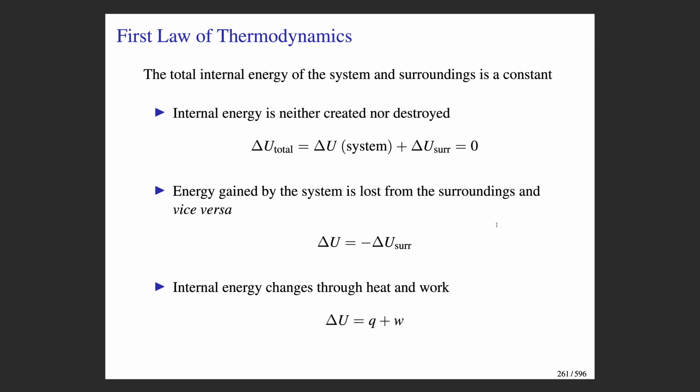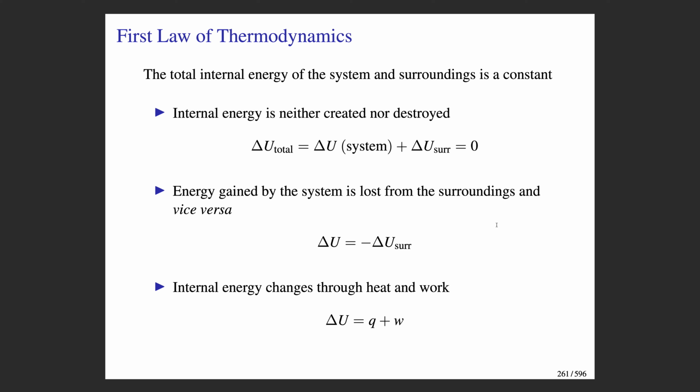First, we're going to talk about the first law of thermodynamics. It deals with the total internal energy, and by total internal energy, I mean that includes both the system and the surroundings. And so the law is that the total energy of the system and surroundings is a constant, which means that energy can neither be created nor destroyed.